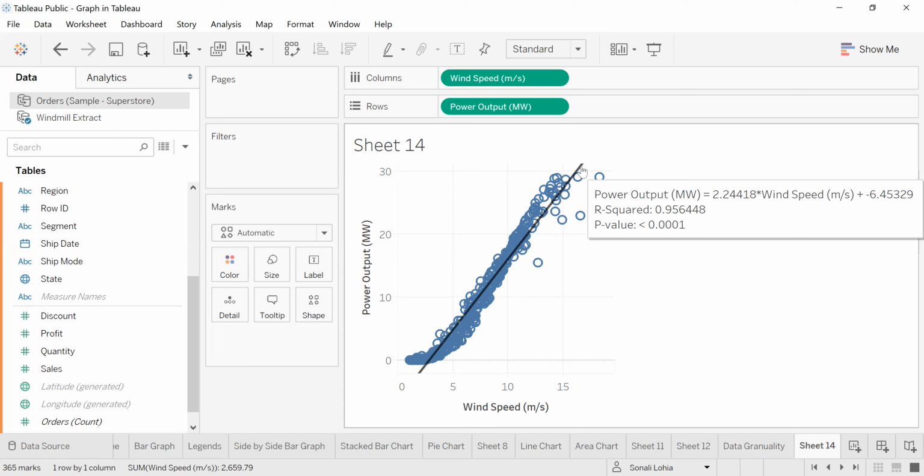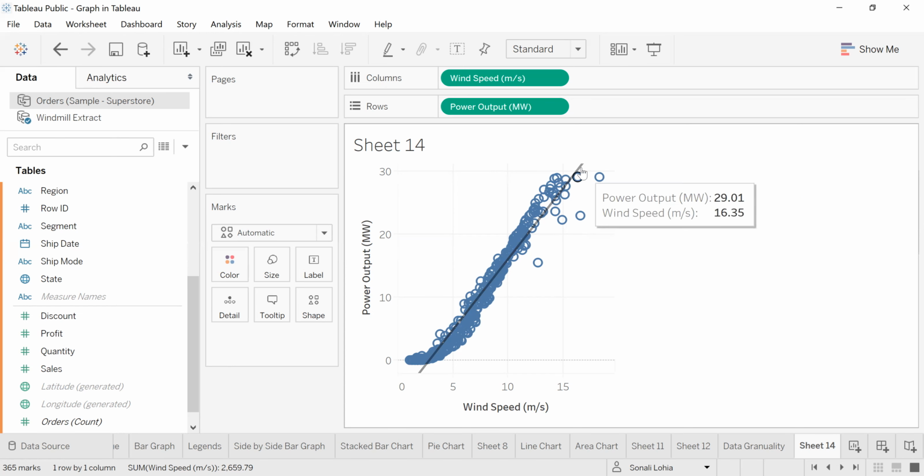The output you told me is 104, so I will calculate 5% of 104, maybe 5 or 10, and subtract it from 104 and add it to 104. The power output here is 104.